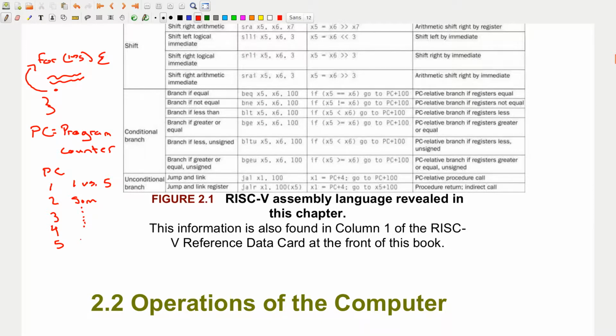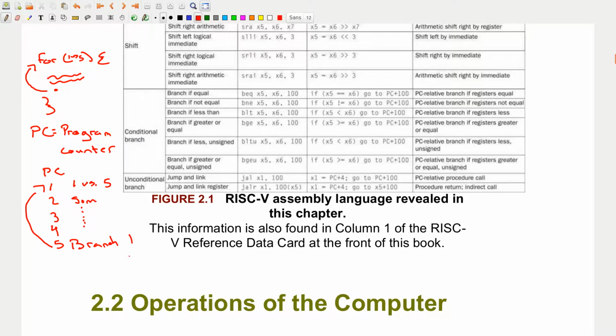And then down here, every single time we want to go back to 1. So we want to branch back to this program counter value of 1.